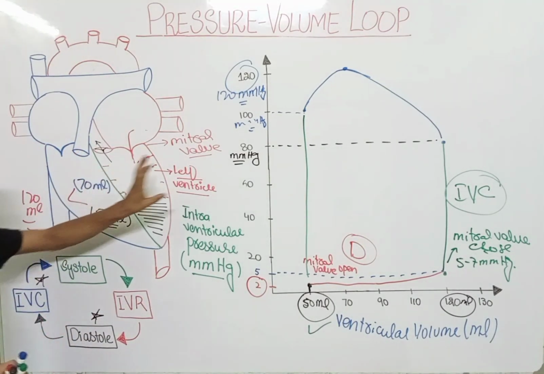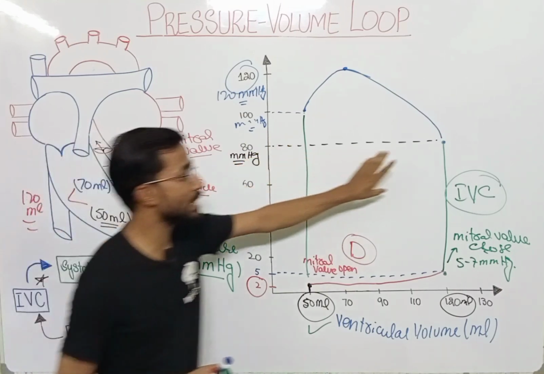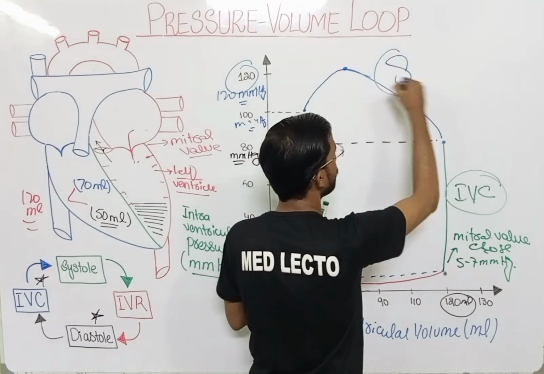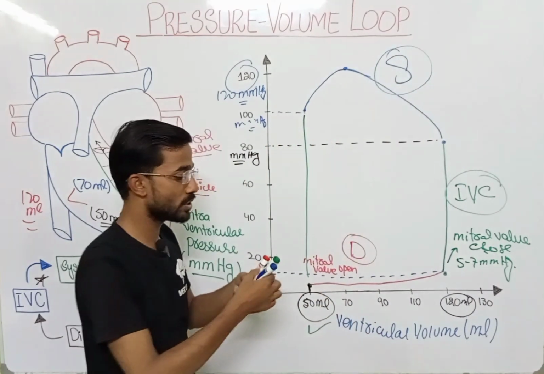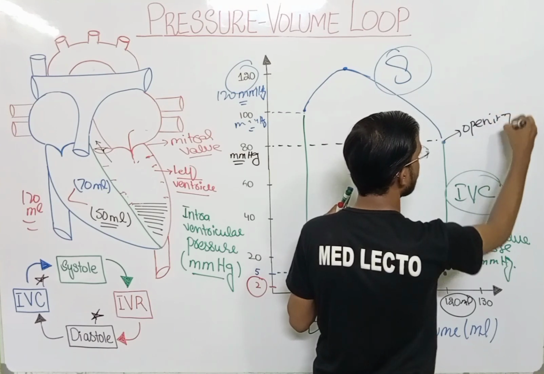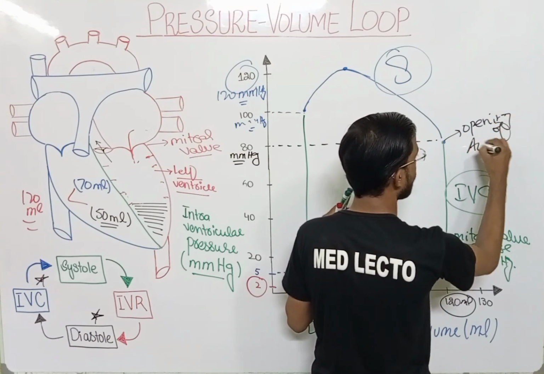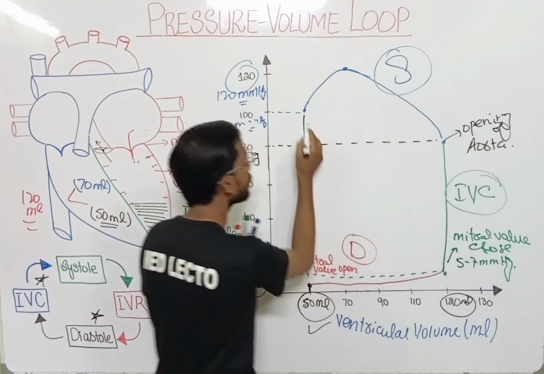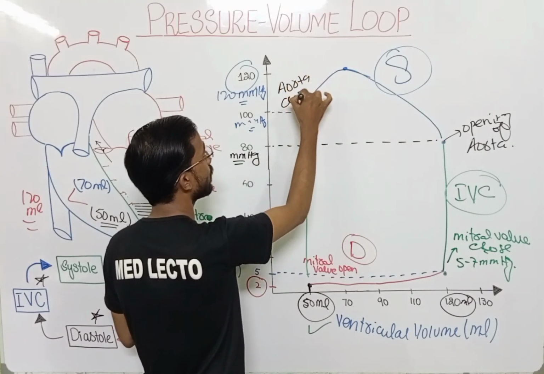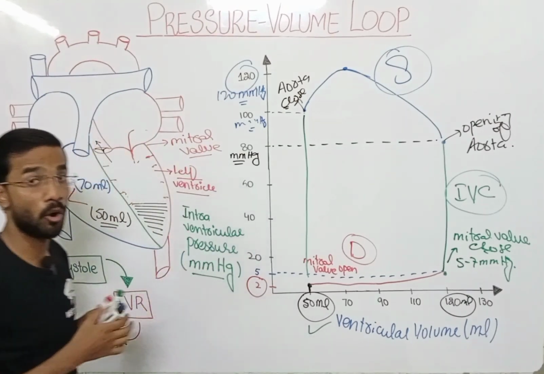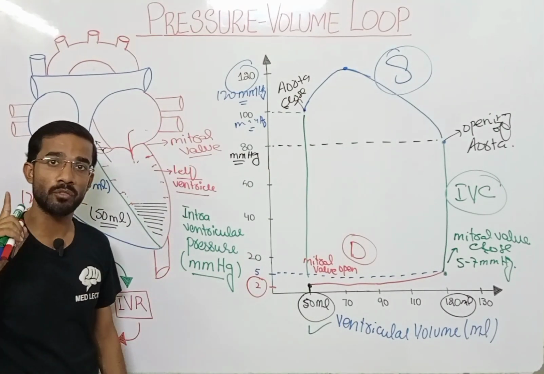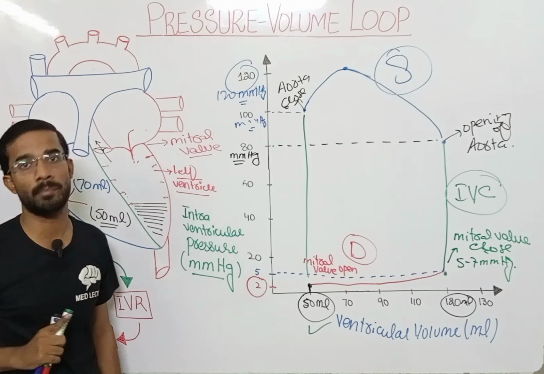And after the isovolumic contraction you see the systole. During the systole, you will see the opening of the aortic valve. And at this point you will see the aortic valve become closed, because we have discussed that in the isovolumic contraction and in the isovolumic relaxation both valves remain closed.